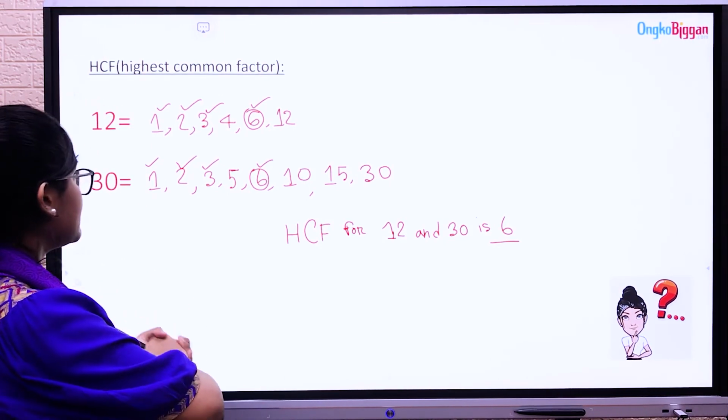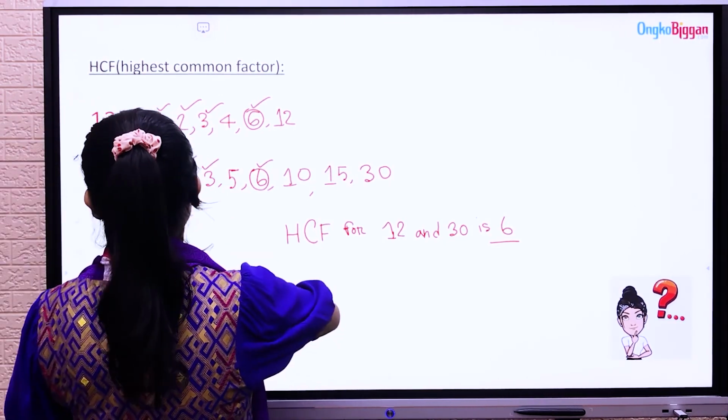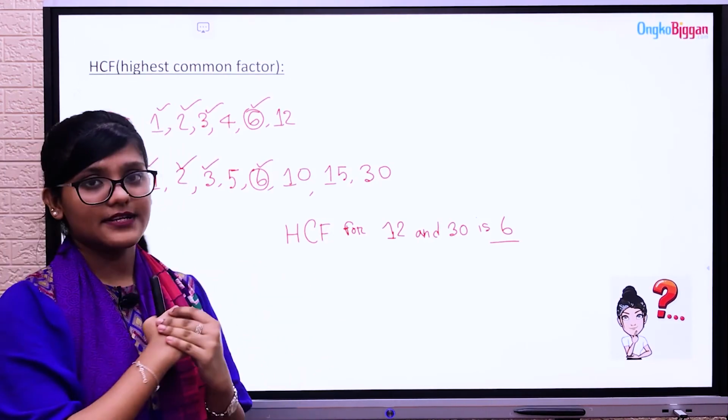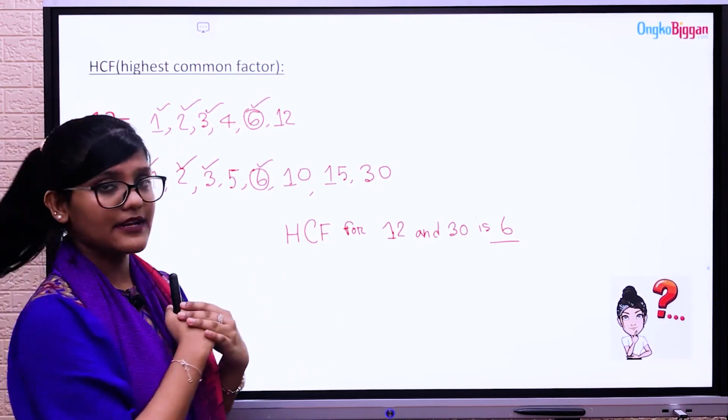So just for understanding, we are factorizing 12 and 30, finding all possible factors and determining their HCF.